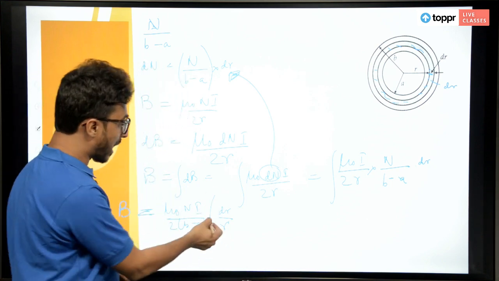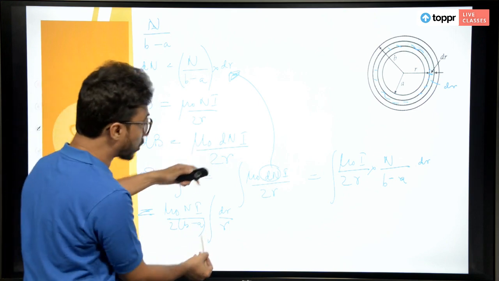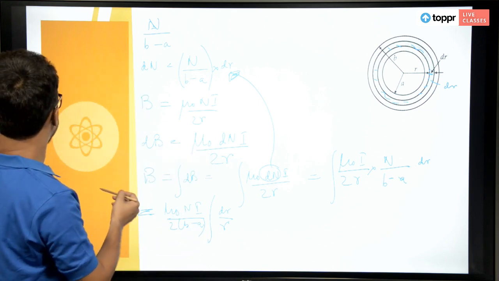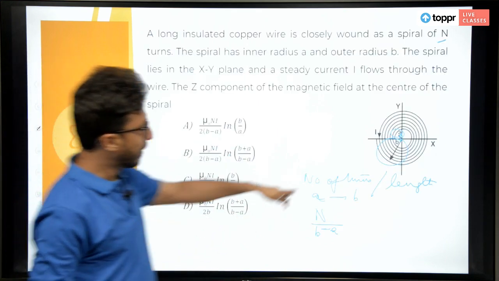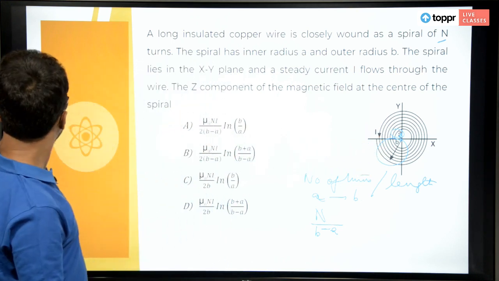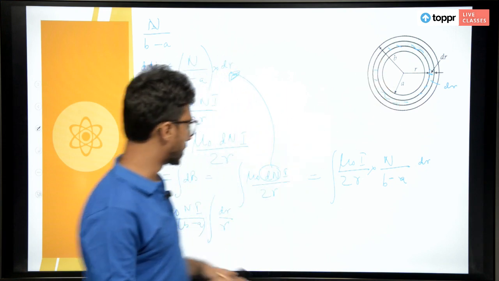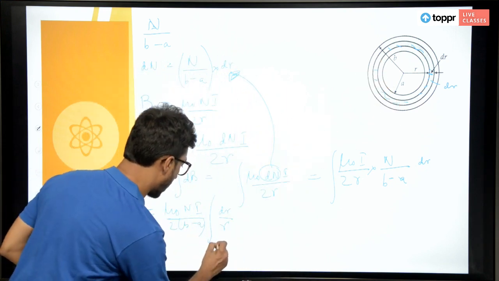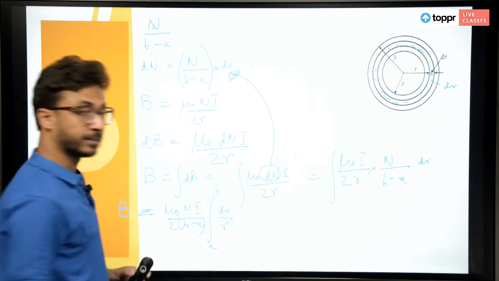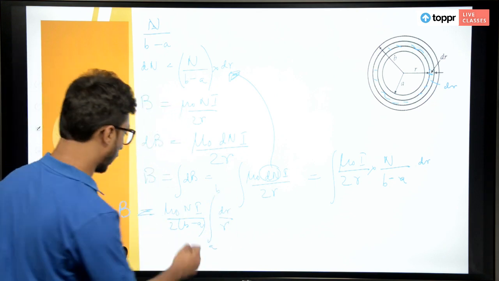But dr by r is an indefinite integral, we have to put the limits. The limit will be what? If we go back, the r is varying from a to b, right? Smallest radius a, largest radius b. So it should be a to b. Integration of dr by r is nothing but log r.